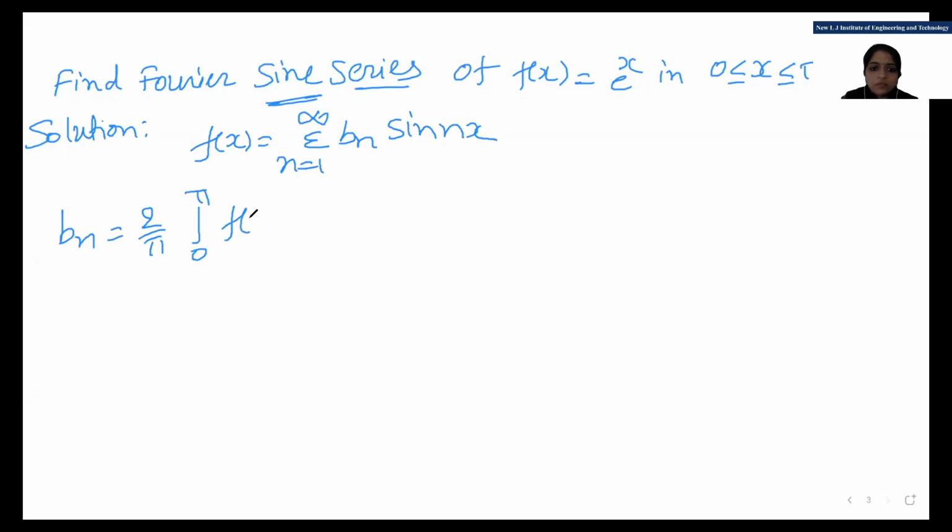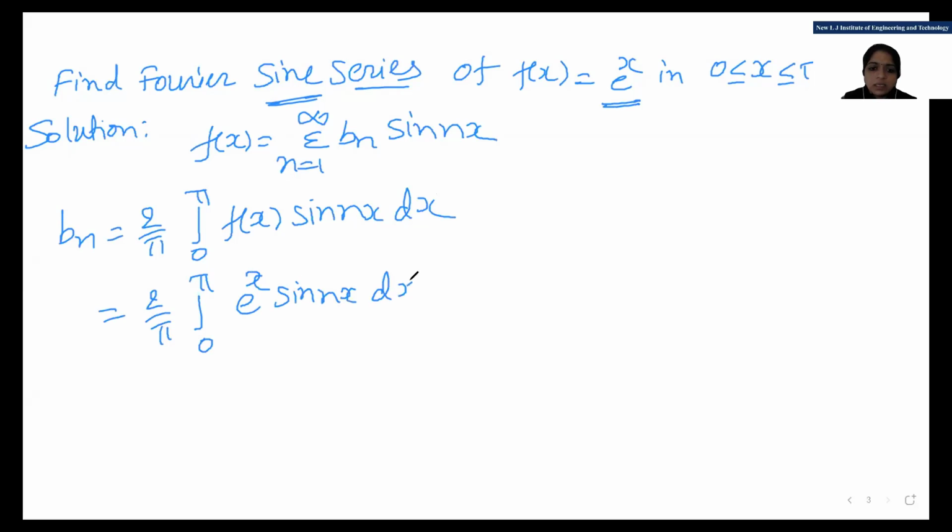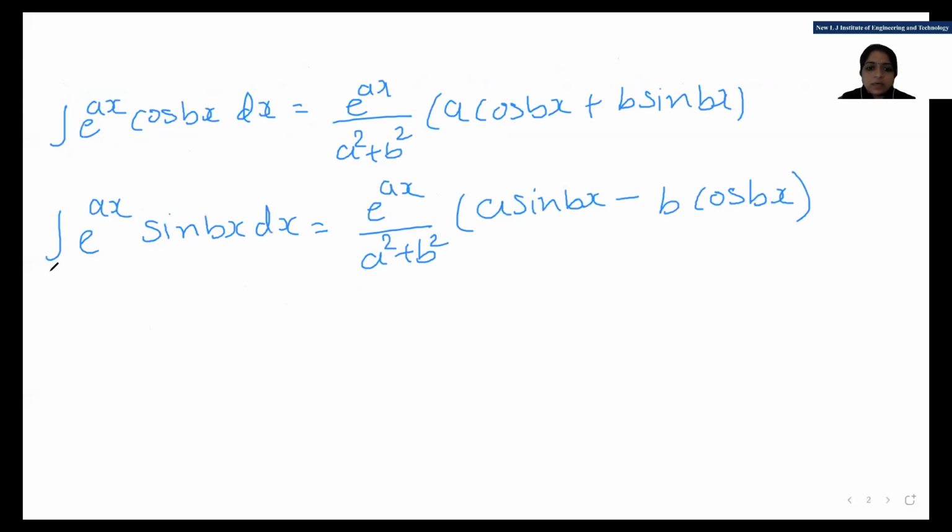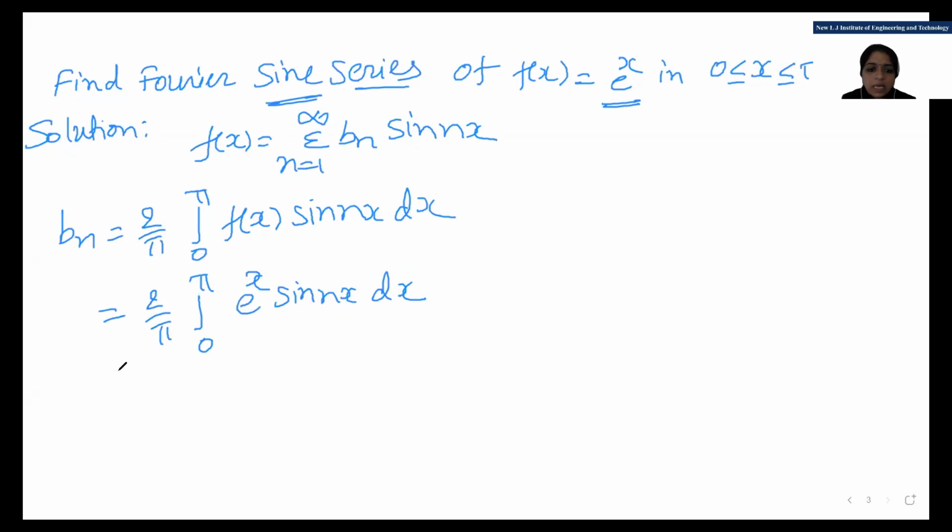And f of x sin nx dx. So 2 by pi integral 0 to pi, our given function f of x is what? e raised to x. So e raised to x sin nx dx. And as you know the formula of e raised to ax sin bx, by applying this formula in this example, our a is 1, the multiple of x, that is a.